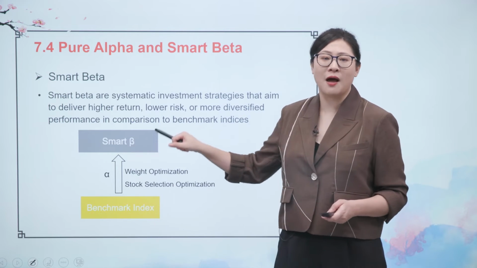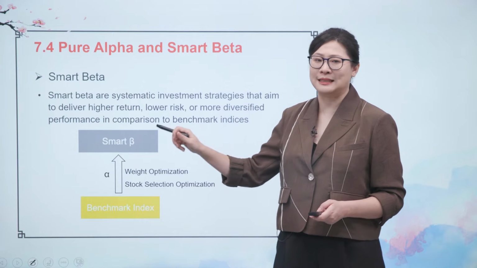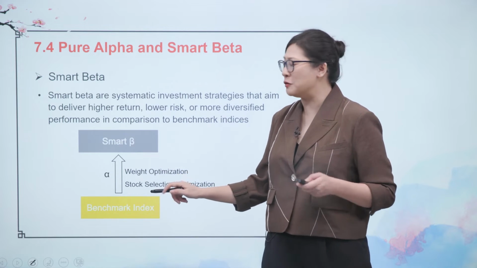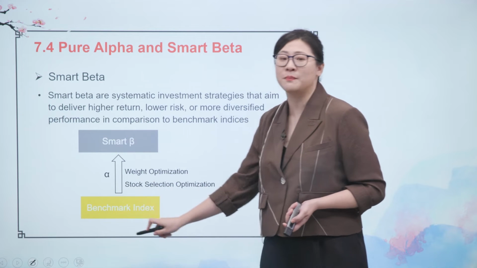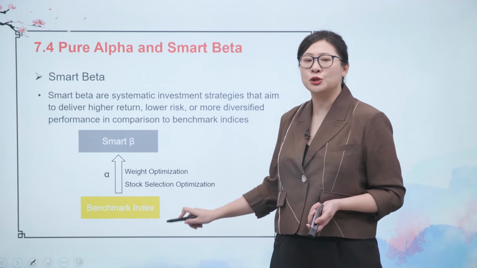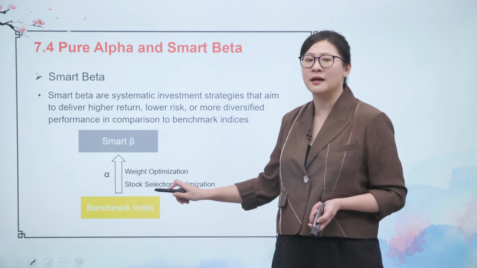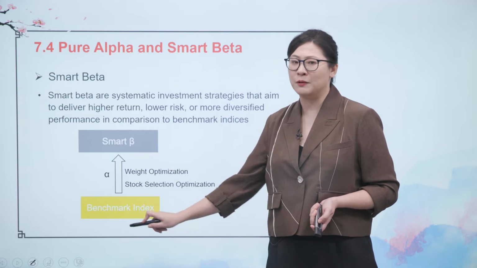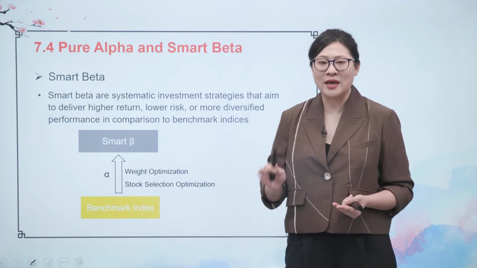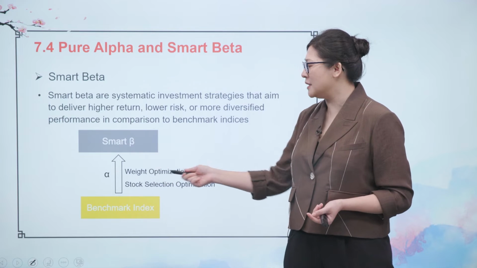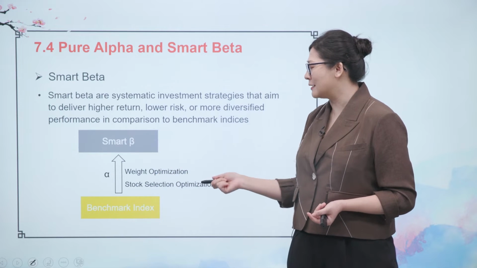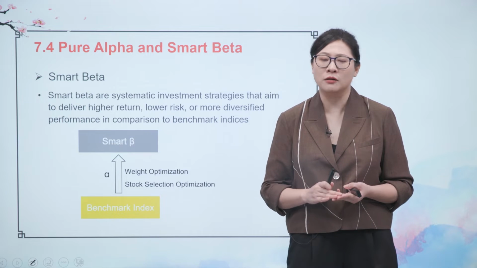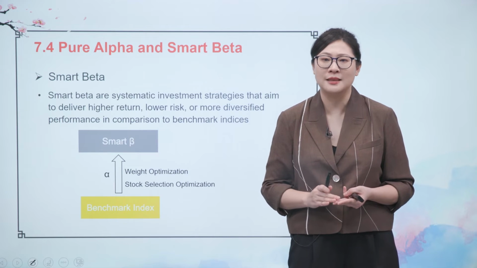So in this graph, I will show you what the smart beta strategy is. For the smart beta strategy, first you need to choose a benchmark index. That index is constructed by market capitalization weight. We can do weight optimization or stock selection optimization. So there are three different ways you can construct your smart beta index.